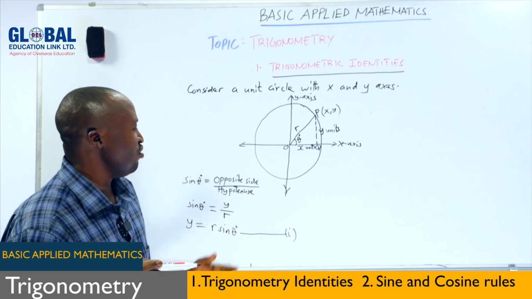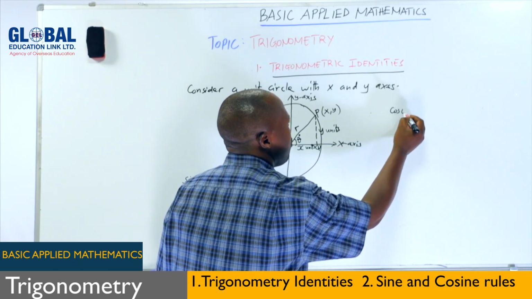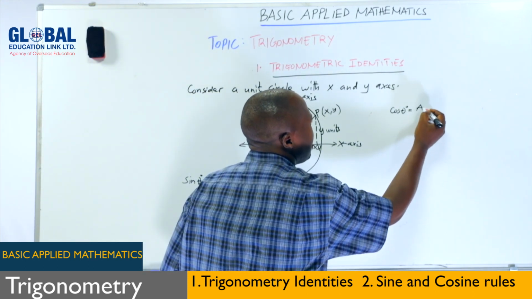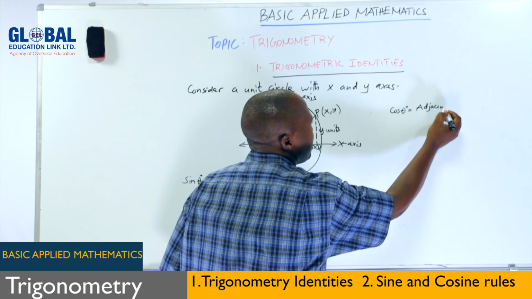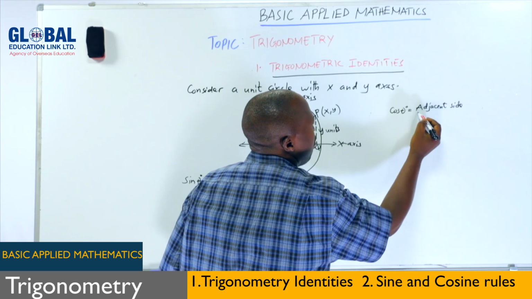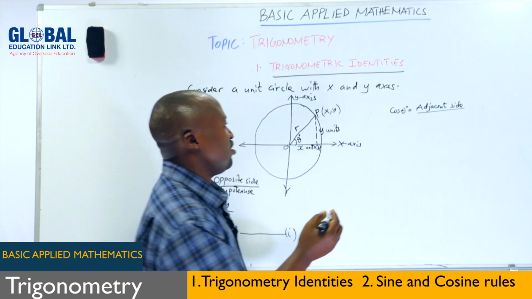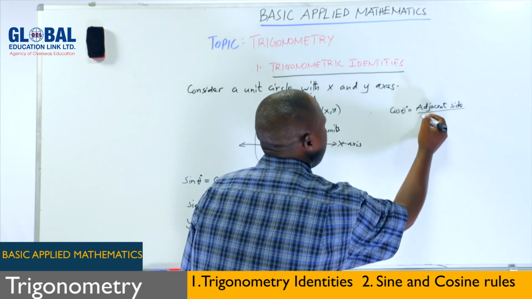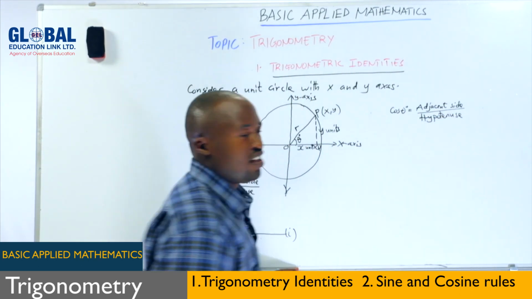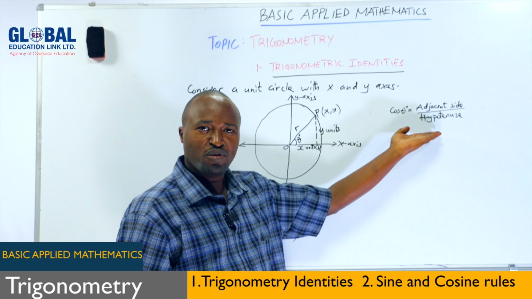Again, let us proceed to cosine. Remember, cosine of an angle, that is cos theta, is equal to the adjacent side over the hypotenuse. Remember, our hypotenuse is the radius. Therefore, we substitute values for the adjacent side and the hypotenuse.